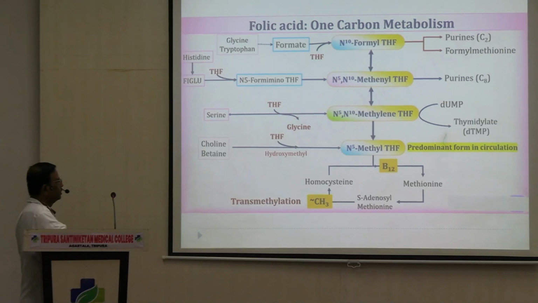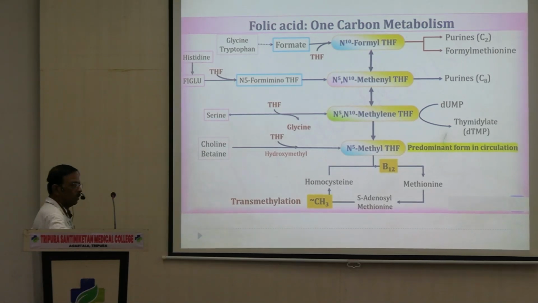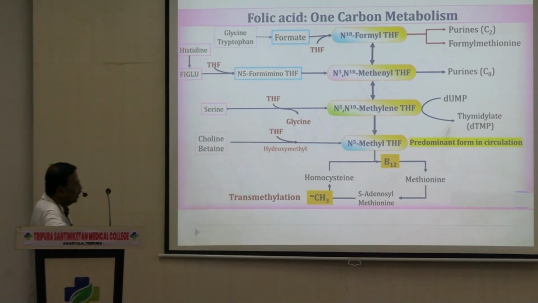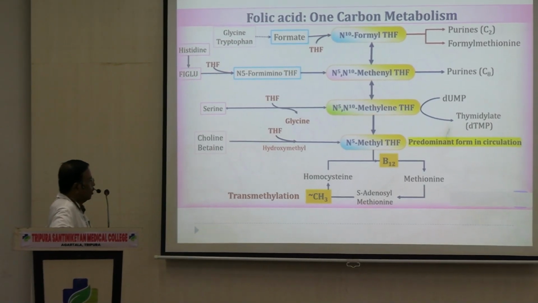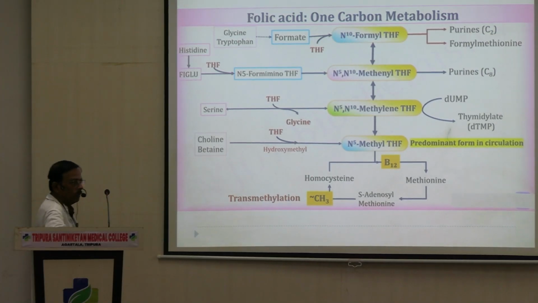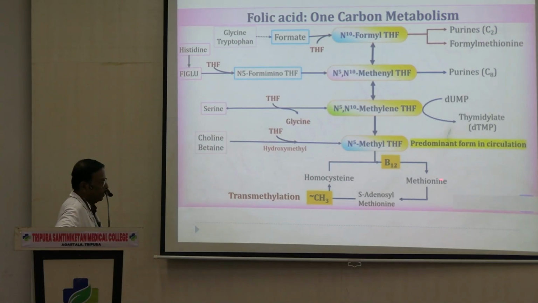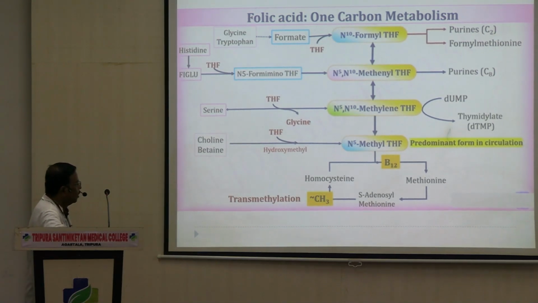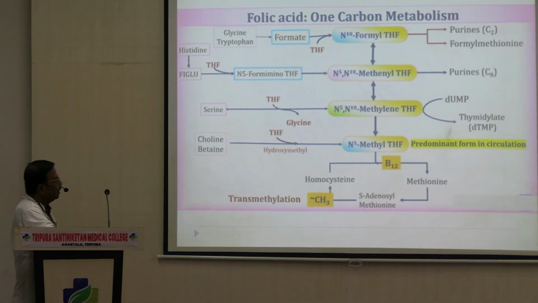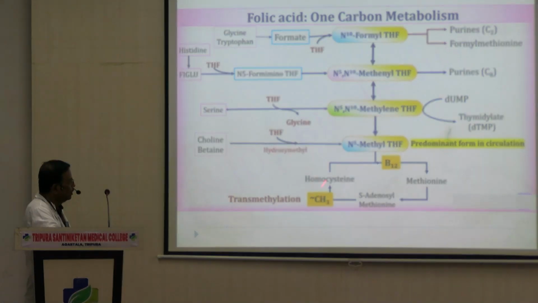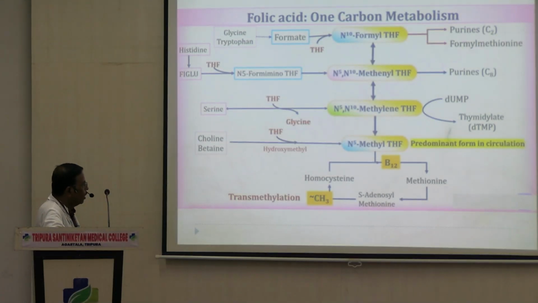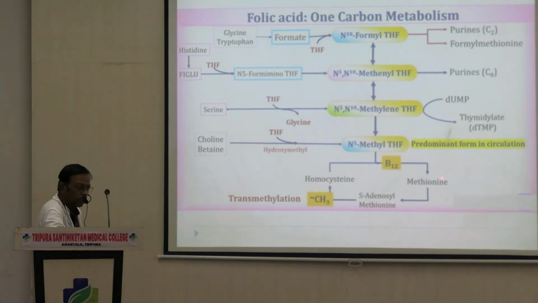That's why in vitamin deficiency, when there is deficiency of vitamin B12, the homocysteine cannot be converted to methionine. So the methyl group from the tetrahydrofolate cannot be removed, because in this reaction the methyl group is shifted to homocysteine and converted into methionine.